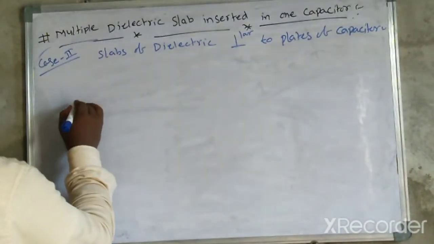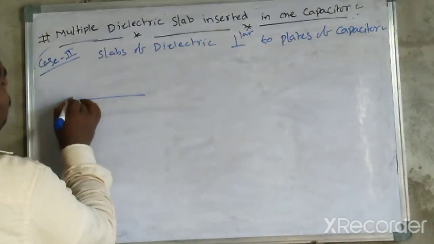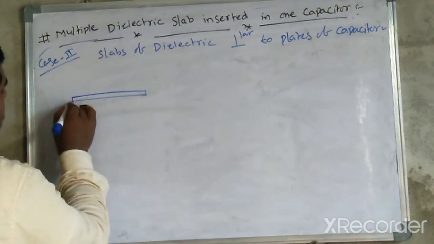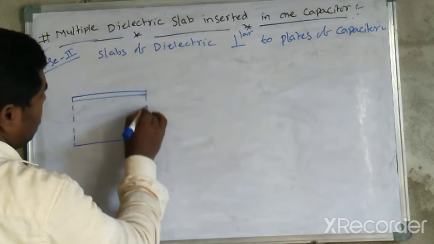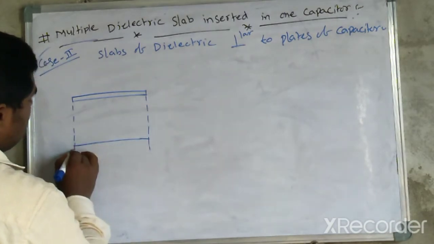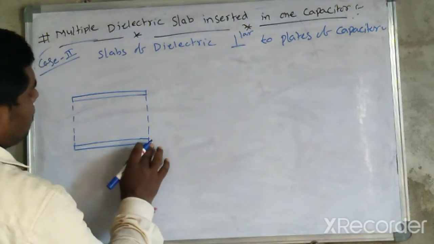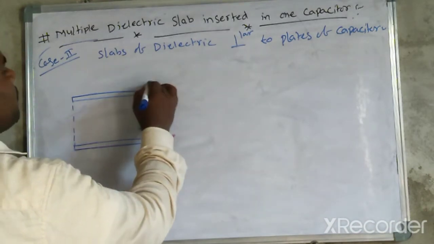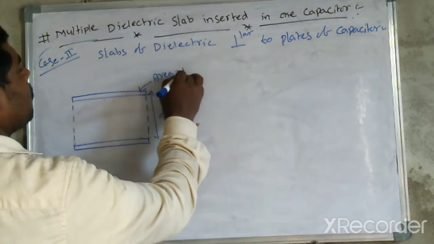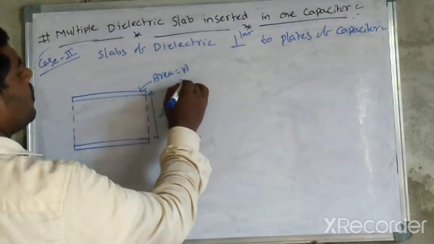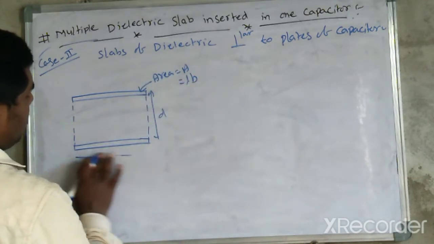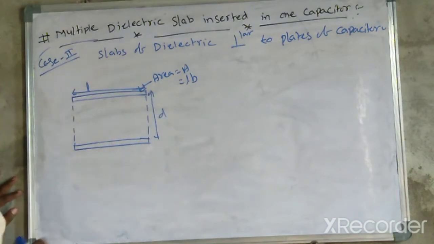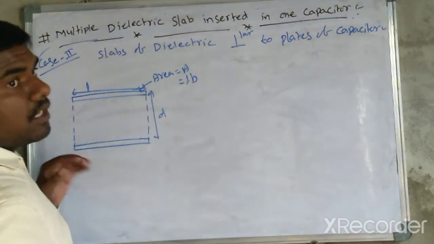Here I am going to take two plates of the same width, separated by a distance D. The plate area I consider as A equal to L into B, where L is the length of the plate and B is the width of the plate.